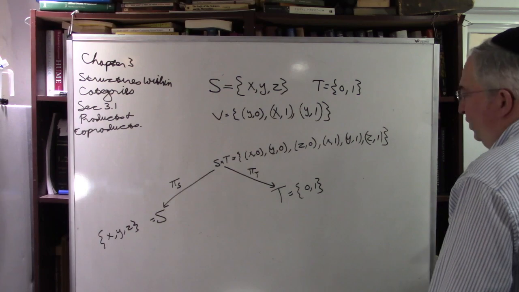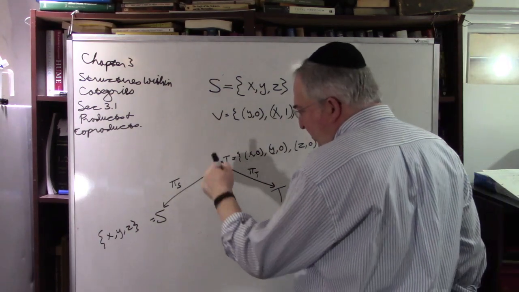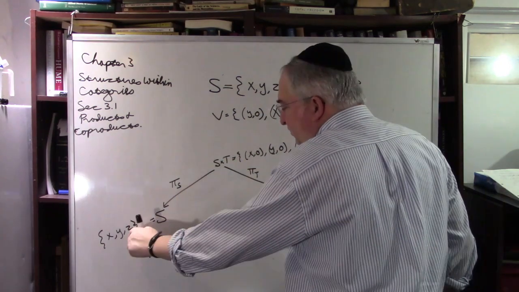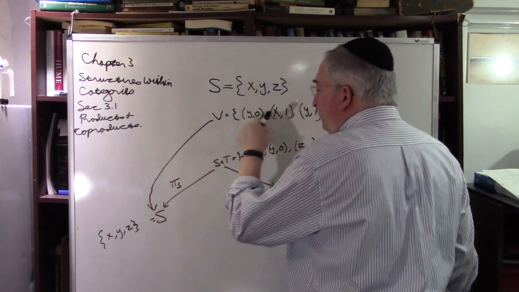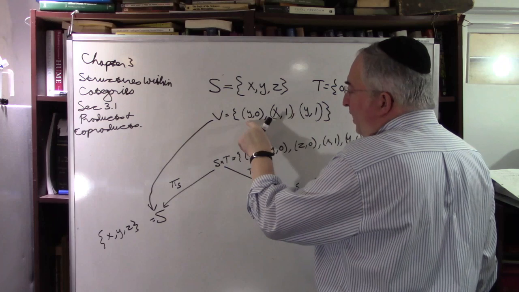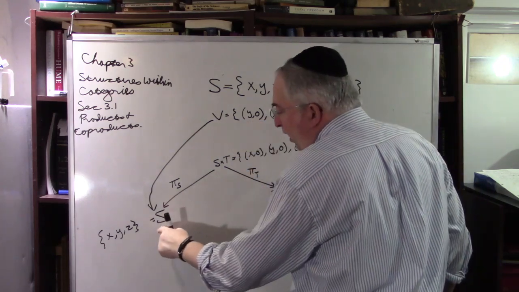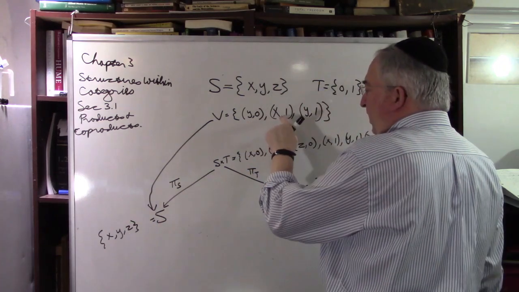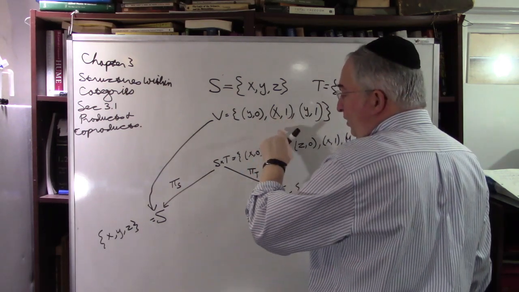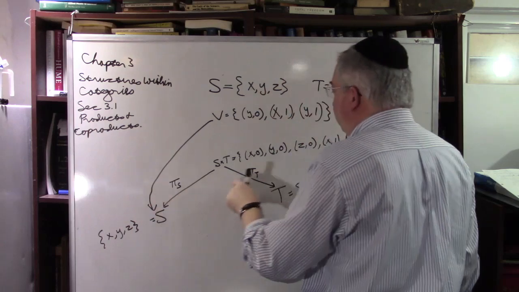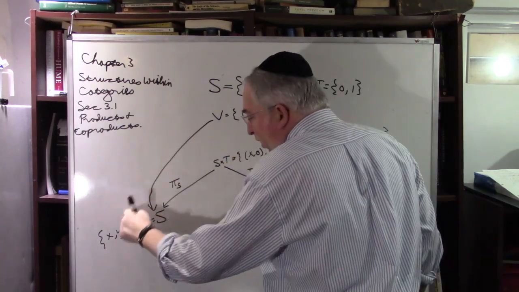Just like you can forget the information from the product to S and T, so too you can forget the information from this set. So (Y, 0) will go to Y over here, and (X, 1) will go to X over here, and (Y, 1) will go to Y over here.